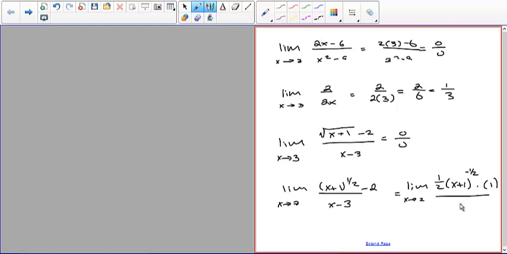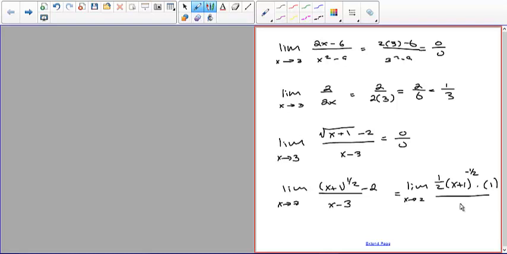So when you rewrite it as x plus 1 to the 1/2 power, when you take the derivative, you get 1/2, the exponent, times the same quantity, x plus 1, raised to 1 less than the old exponent. So you subtract 1 from 1/2, you get negative 1/2. You take the derivative of the term inside the parentheses, which is just 1. So that's the chain rule part. The derivative of negative 2 is 0, and the derivative of x minus 3 is just 1.